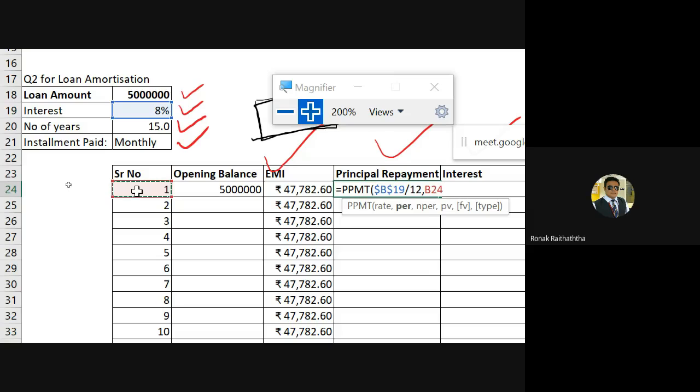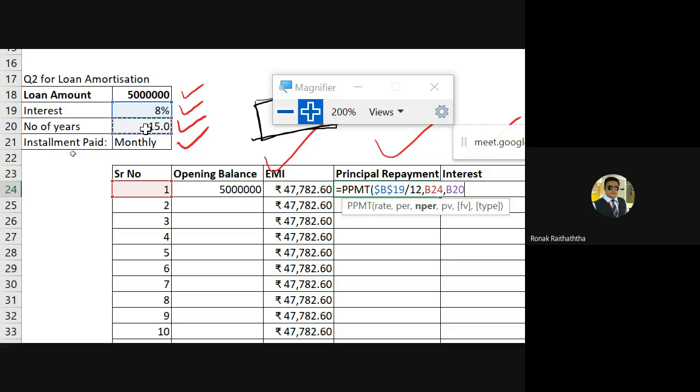So PER stands for the period for which we want the principal repayment. So that needs to be changed in each and every one. So over there we'll not be fixing it. Over there we'll keep it as it is. वो बदलना चाहिए, वो गिरगिट की तरह रंग बदलना चाहिए, तो ही हमारा काम होगा, अदरवाइज नहीं होगा. कॉमा. NPER which will remain same, वो रंग नहीं बदलना चाहिए, अदरवाइज हमारे रंग बदल जाएंगे.